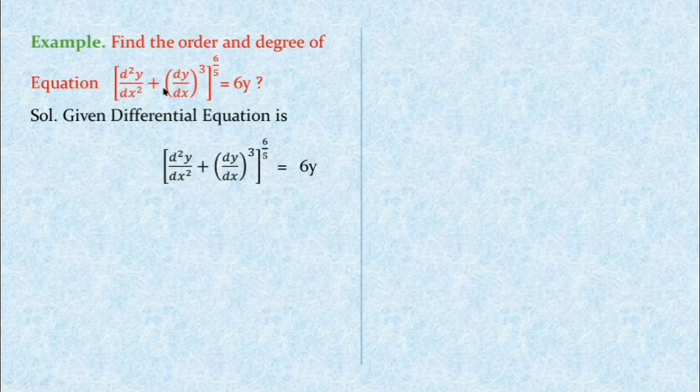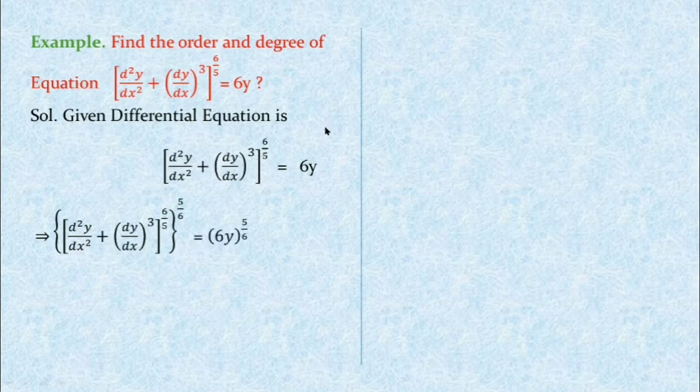First we have to transform this equation to polynomial form. So this is the given differential equation. We have to make this exponent a positive integer. For that we apply power 5/6 on both sides, like this, whole power 5/6 on both sides.